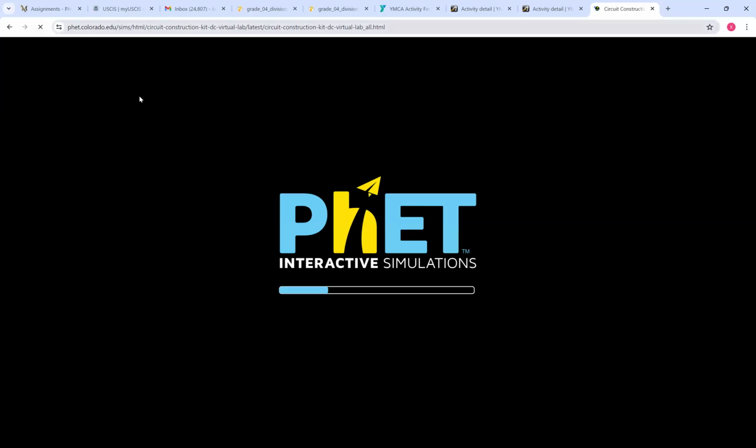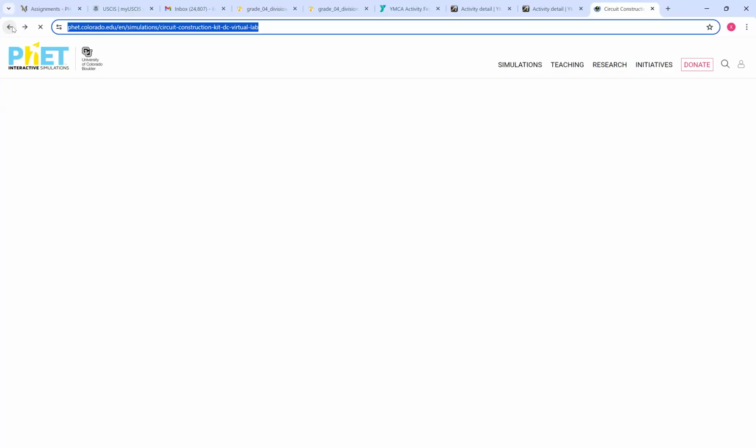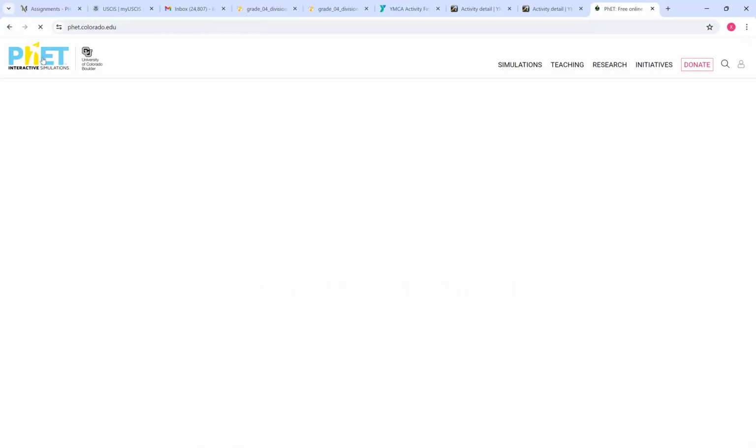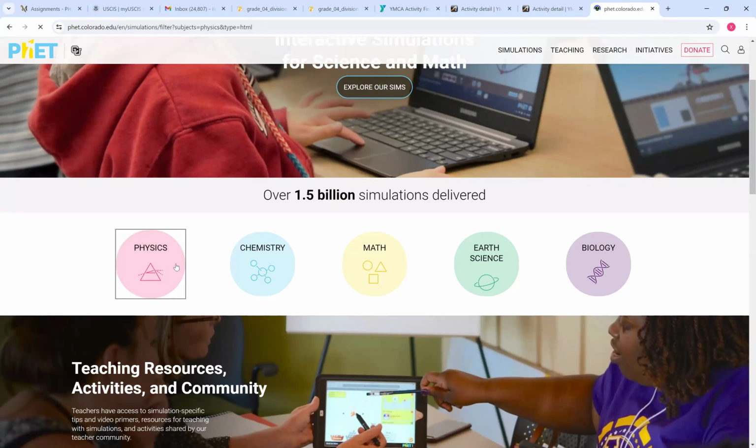So the link I gave you will direct you to a page that looks like this, but you can also go from the simulation and choose physics.